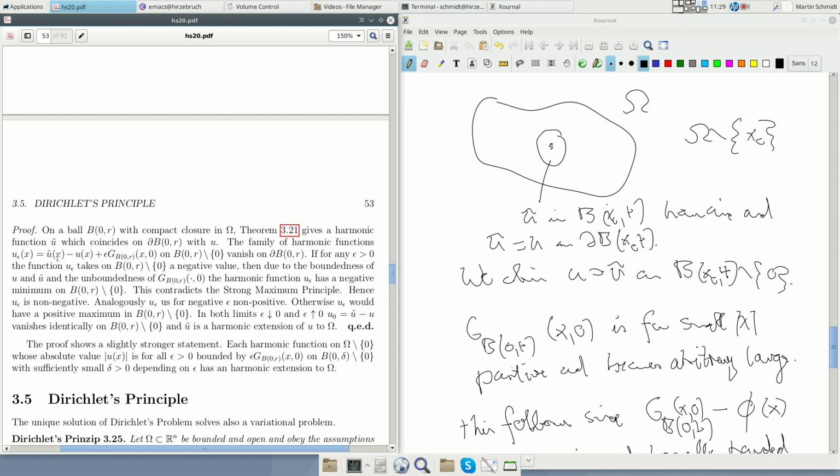So this is enough if this function is smaller than all these functions. So in this sense we get this stronger statement.